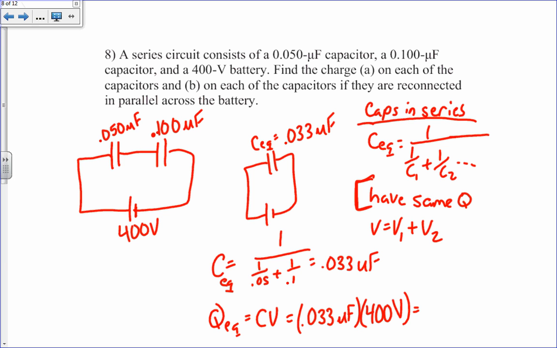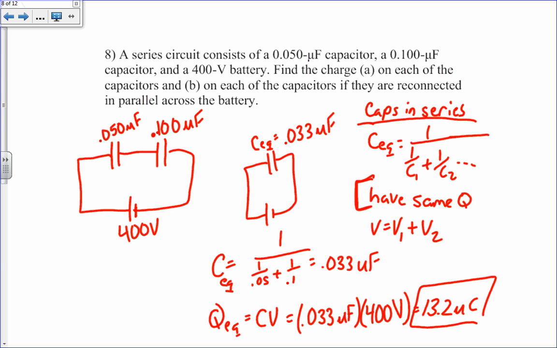Which gives me 13.2 microcoulombs. So that's the charge on C1 and C2. They both have 13.2 microcoulombs.